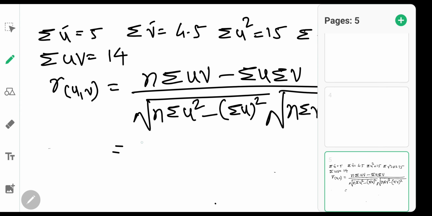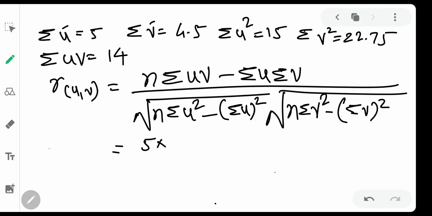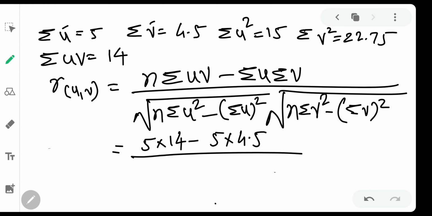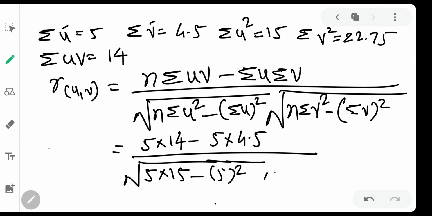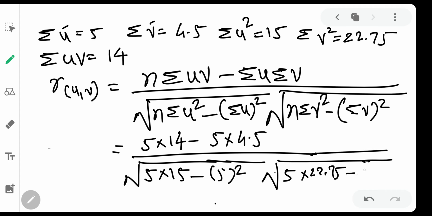So we write n as 5 into summation uv. Summation uv was 14. Summation u was 5. Summation v is 4.5. N is 5. Summation u square is 15 minus summation u, which is 5 square, upon under root n is 5, summation v square is 22.75 minus summation v the whole square, which is 4.5 the whole square.